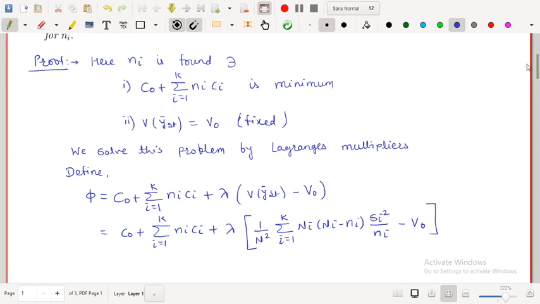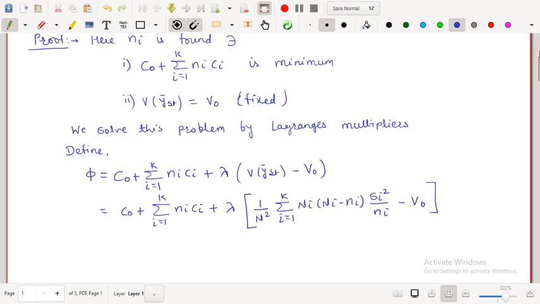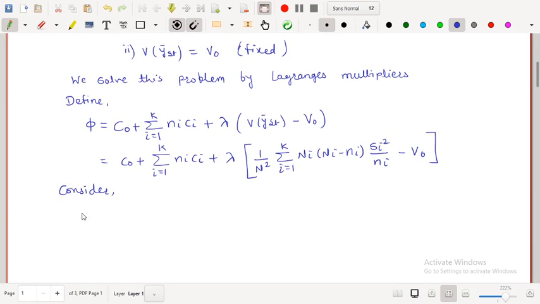Now we have defined phi. Now consider dou phi by dou Ni. Now take the derivative of this phi with respect to Ni.